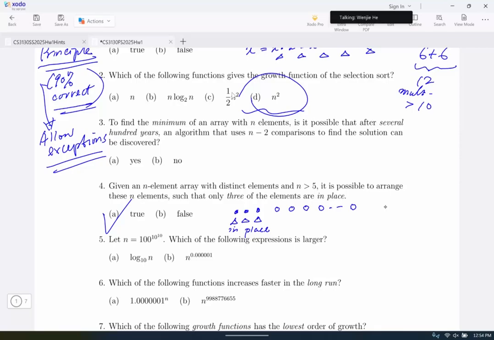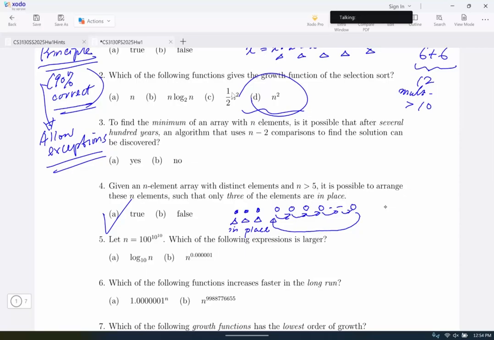So how to make it happen? You can make them in place first. After they have the in-place positions, then you do rotation. Each element moves to its next position, but the last one you shift to the first position.